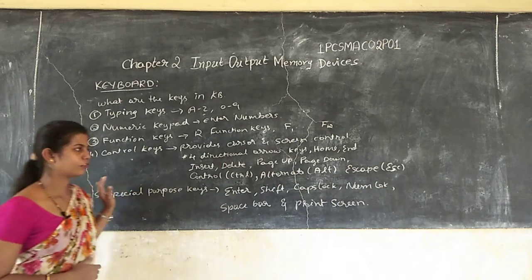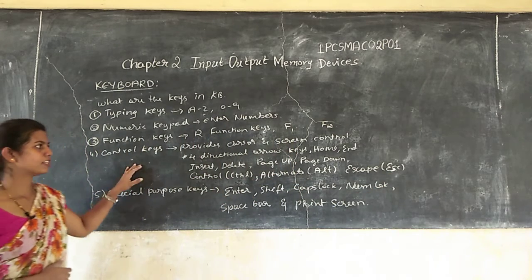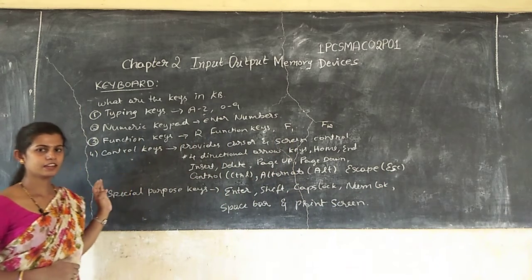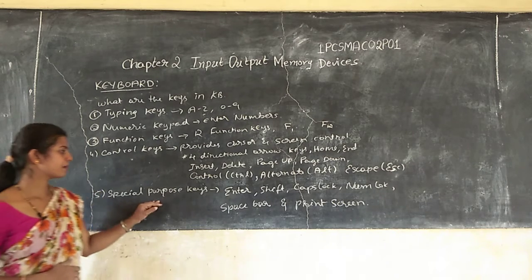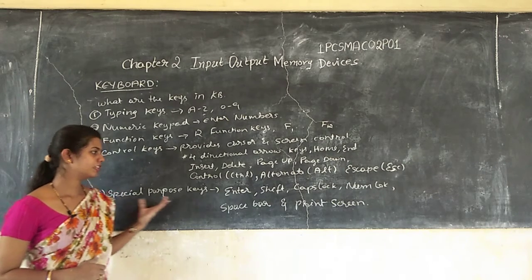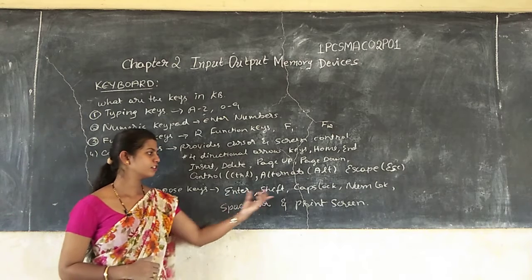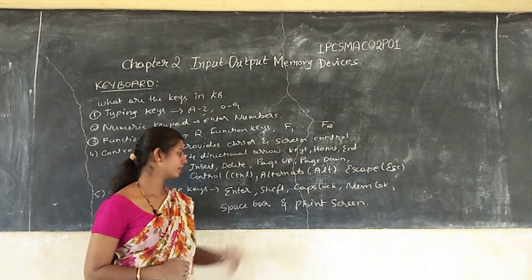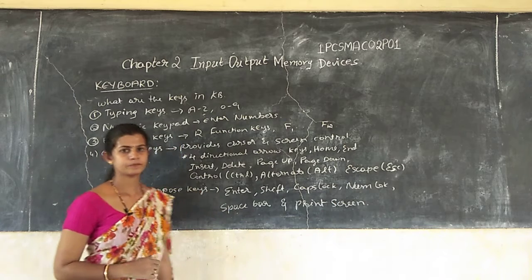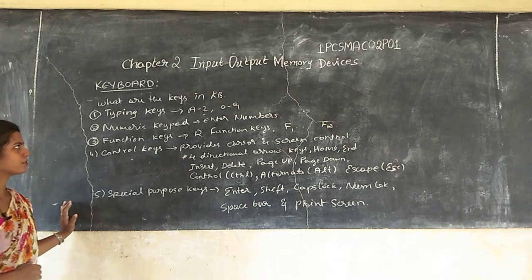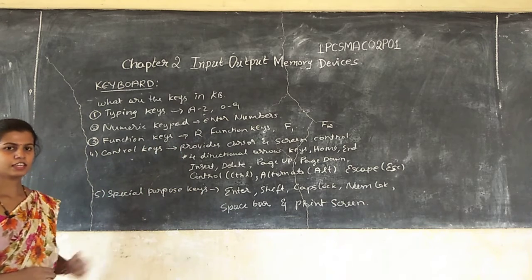These are the control keys which provide the cursor and screen control. And the next type of keys are special purpose keys. These include enter, shift, caps lock, num lock, space bar and print screen. We are having these types of keys in our keyboard.